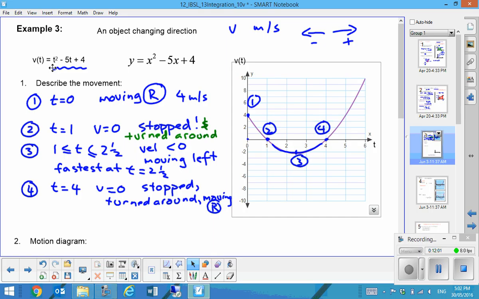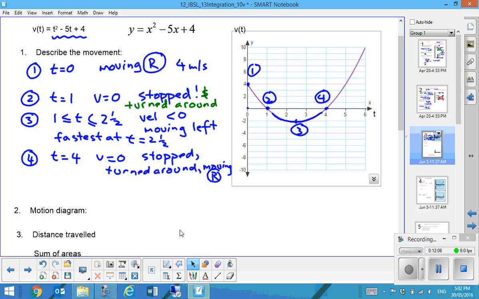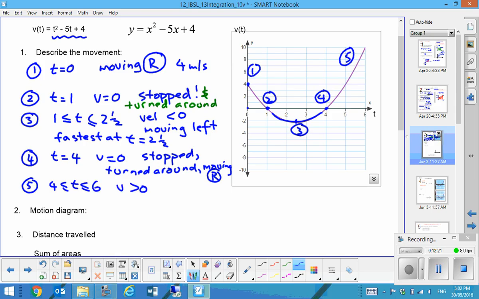All right, so now what's happening in the last section up here, between time 4 and 6? The velocity is positive, so it's moving in the right direction. And it looks like at time 6 it's got a velocity of about 10.